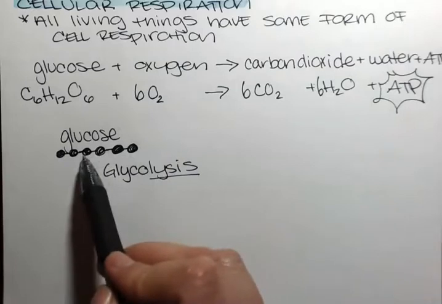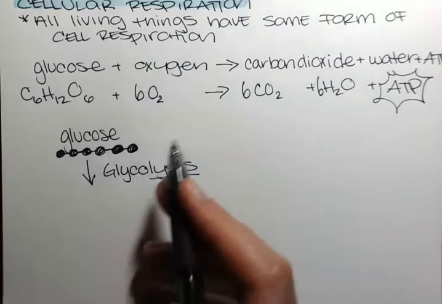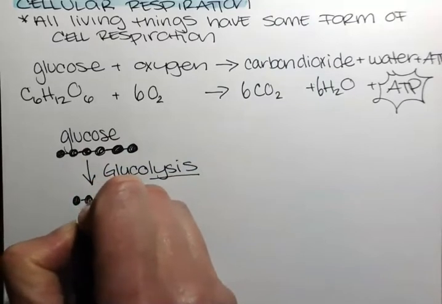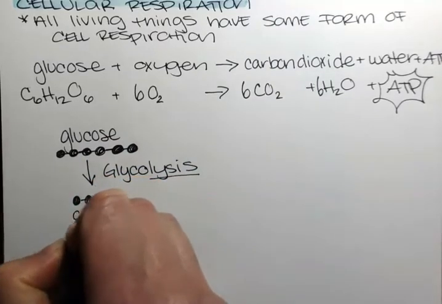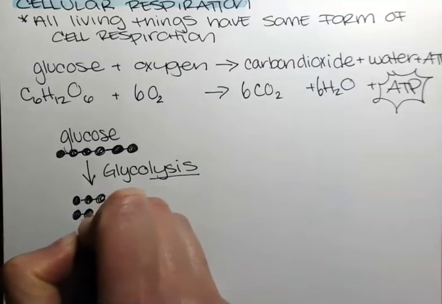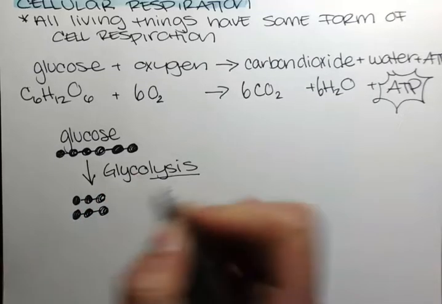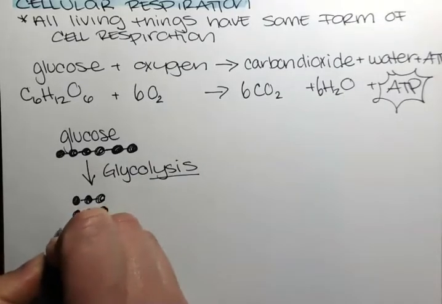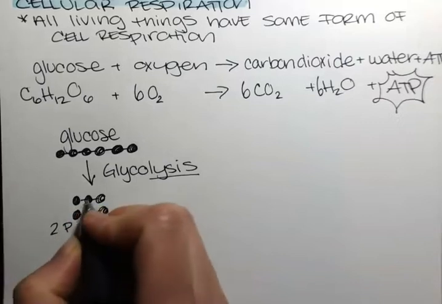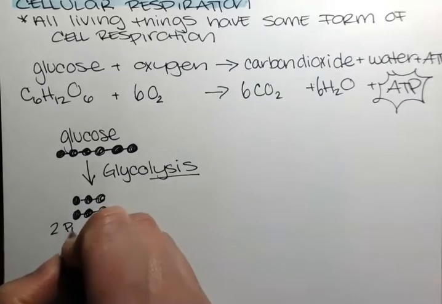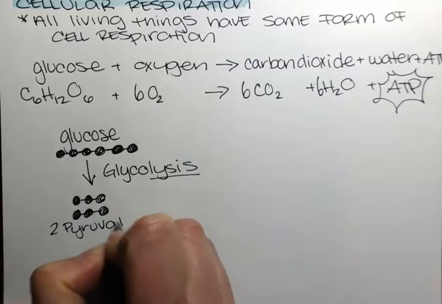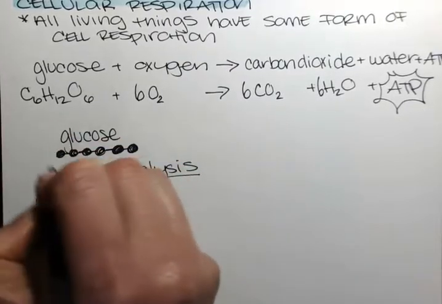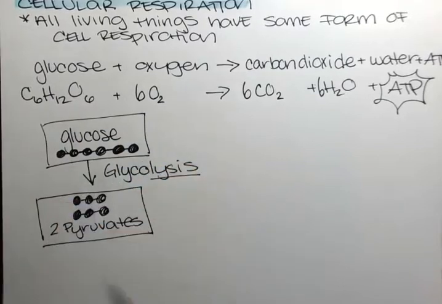So in glycolysis, you go through a few steps, and what you end up doing is breaking that glucose into 2 3-carbon sugars, or 2 3-carbon molecules. And these are what we call pyruvates. So you make 2 pyruvates or pyruvic acids. Right, so you went from 1 glucose to 2 pyruvates.